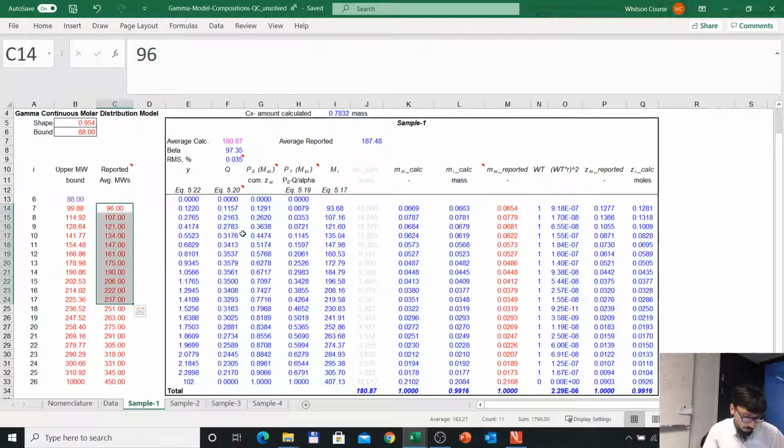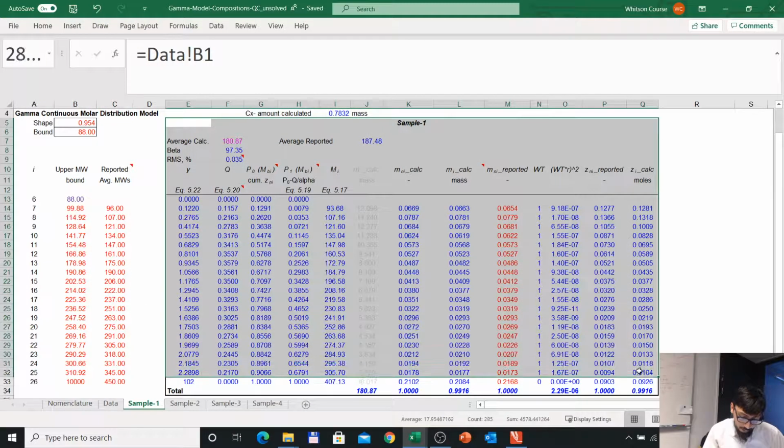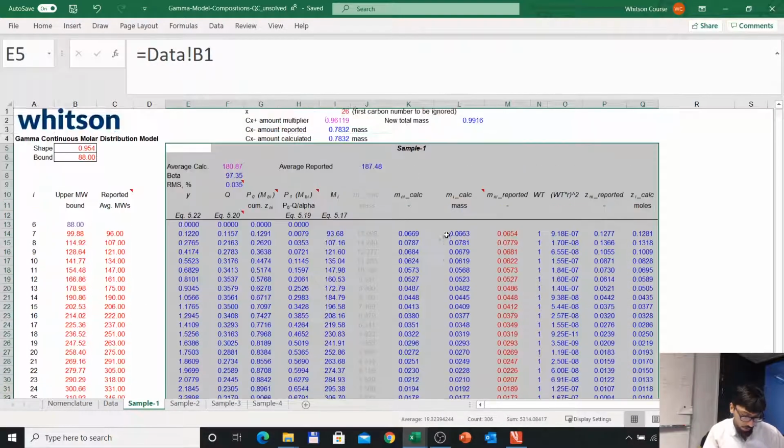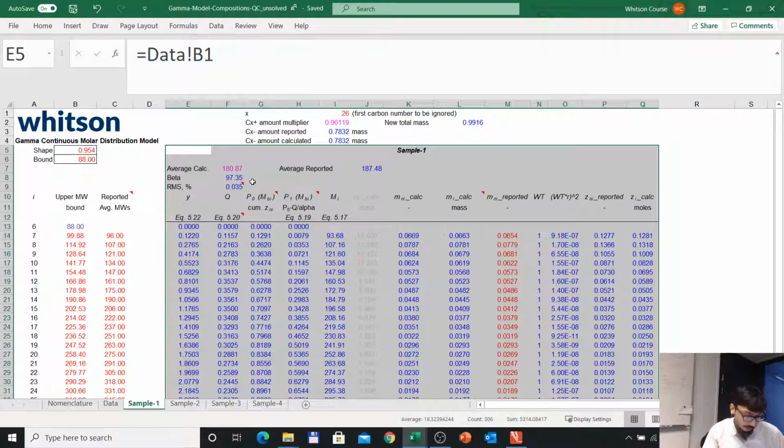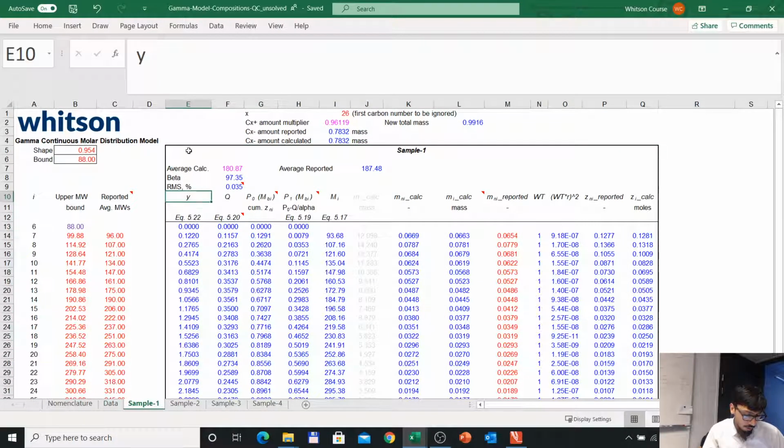And now we come to this table here, which looks a bit complex. Here in this table, what we have done is we have programmed the gamma distribution model.